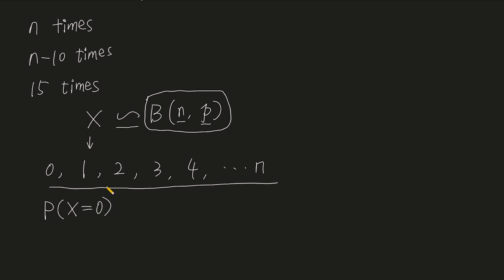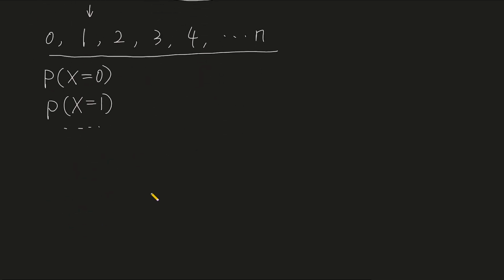So what's the probability that no experiment is a success in the n experiments? What's the probability that only one experiment is a success in the n experiments, and so on? So now let's consider a specific example.